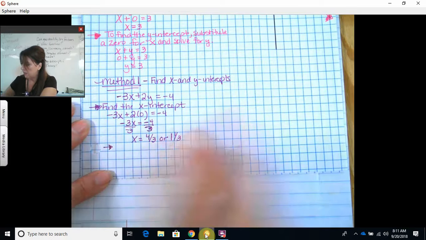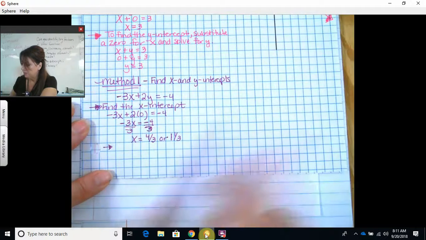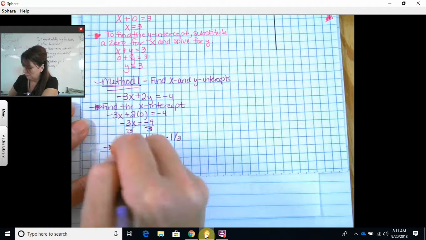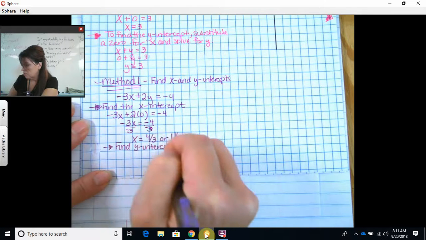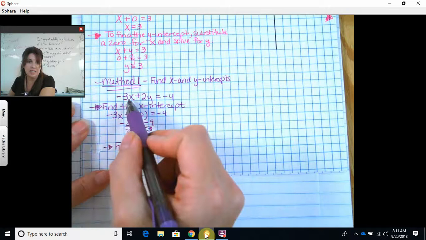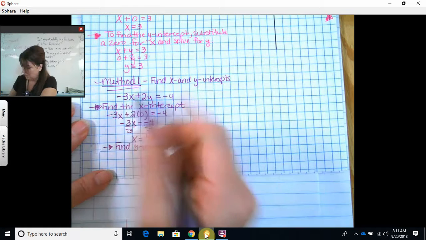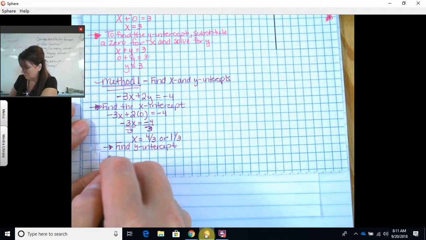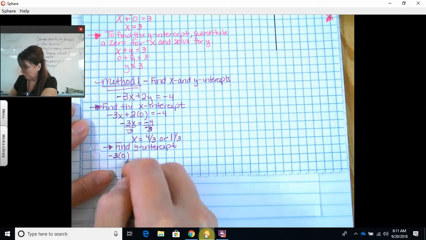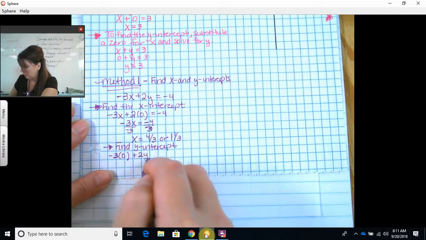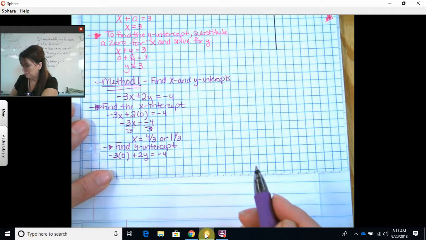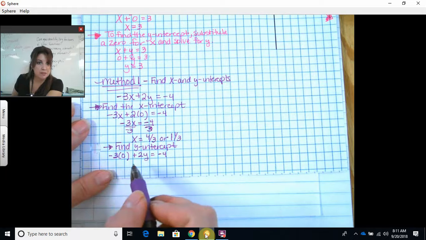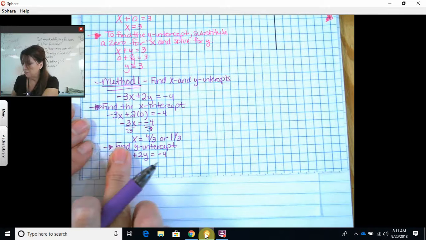So now let me find the y-intercept. And I'm running out of room, but I want to use this other space over here for my second method. So to find the y-intercept, we'll substitute in a 0 for x. So that'll be -3 times 0 plus 2y equals -4. We know -3 times 0 is 0. So basically that term just went away.